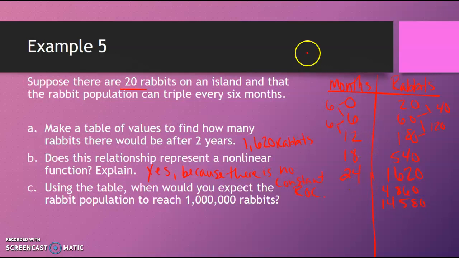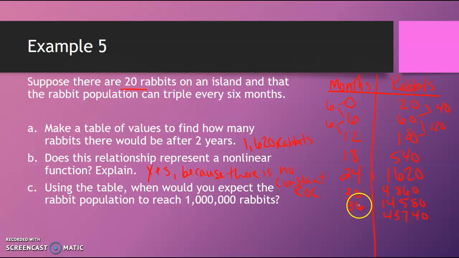Well, that would have been 24 plus 6, which is 30 months, and then 30 plus 6, which is 36. We're going to take that 14,580 times 3, and we get 43,740 rabbits.